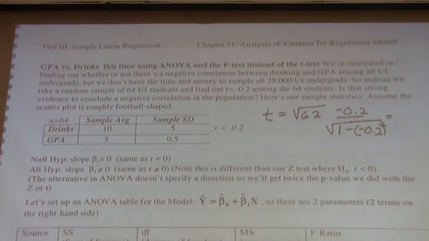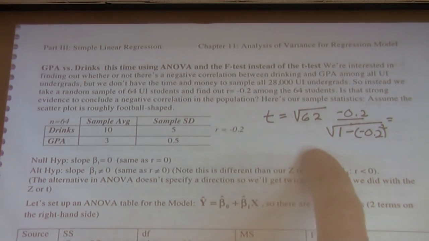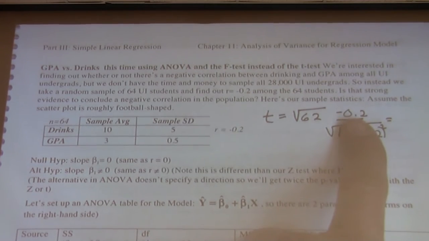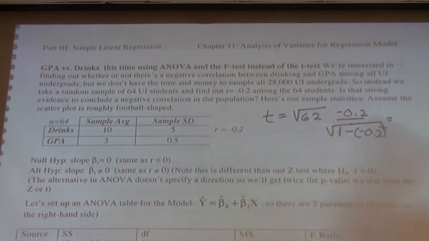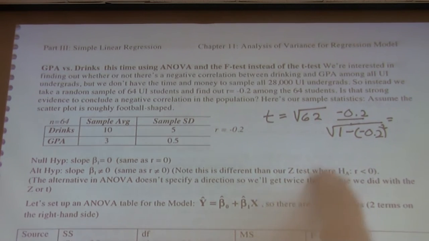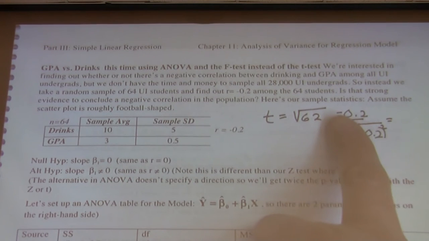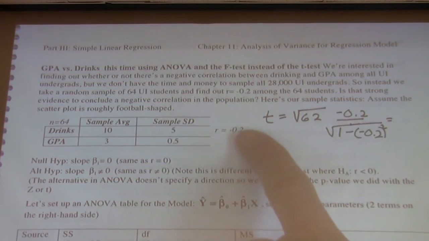But I just want to show you another way of doing it. Why am I even showing you the other way? Because this is only going to work when you have one x. This was like the correlation coefficient minus 0 basically.